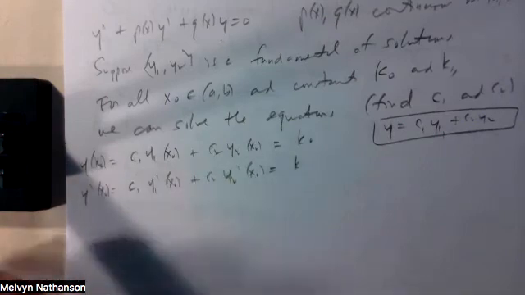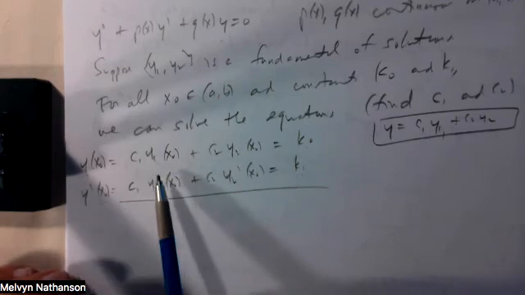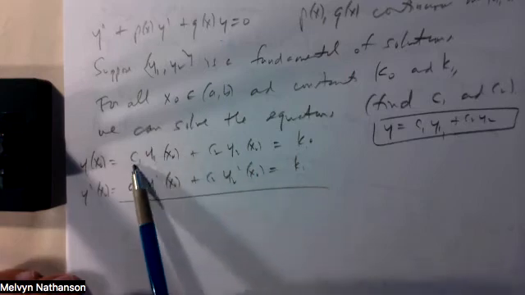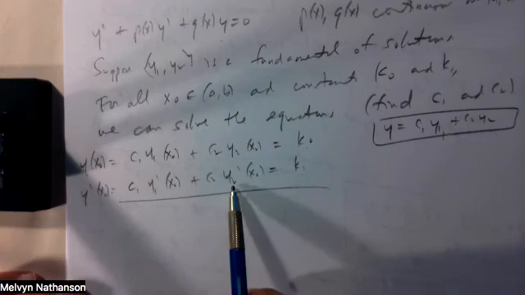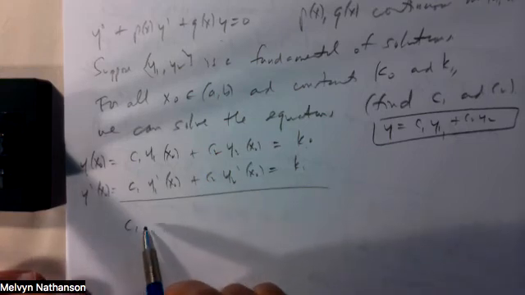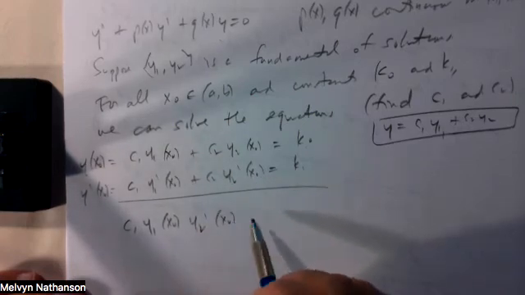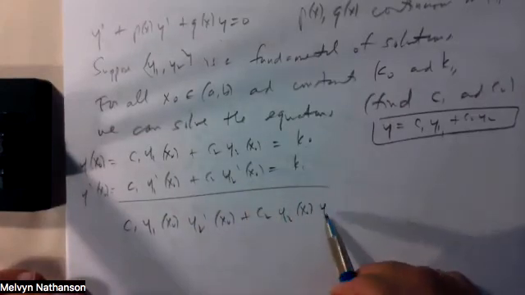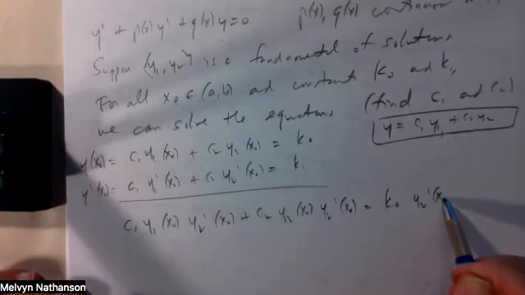Let's try and solve these equations. You can think of this as two linear equations in two unknowns, and the unknowns are the constants C1 and C2. So for example, if I multiply the first equation by y2 prime at x naught, I get C1 y1 of x naught y2 prime at x naught plus C2 y2 of x naught y2 prime of x naught equals k naught y2 prime of x naught.